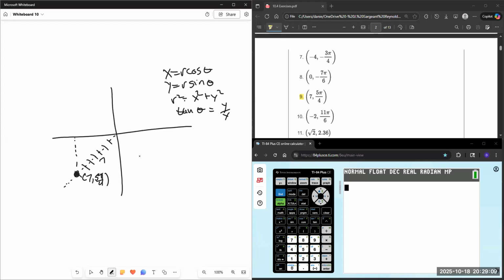If the hypotenuse here is 7, then x is to 1 as 7 is to square root of 2. So x is equal to 7 root 2 over 2 when I rationalize this, but I need this to be a negative 7 root 2 over 2 since I'm going to the left. And this is an isosceles right triangle, so this is also 7 root 2 over 2 negative. So the rectangular point for this will be negative 7 root 2 over 2, negative 7 root 2 over 2.